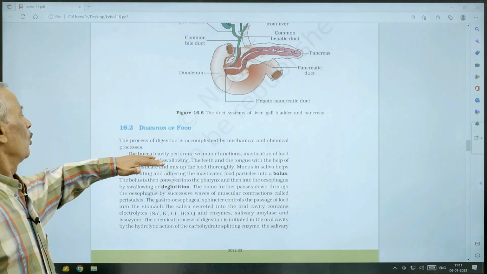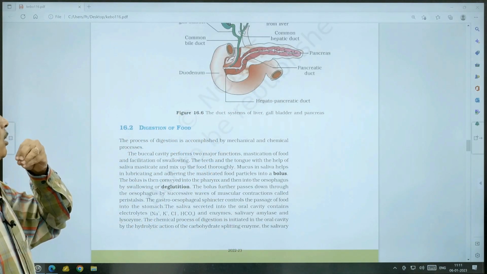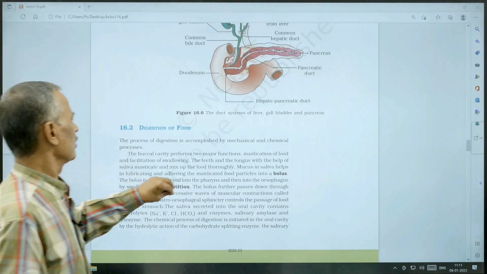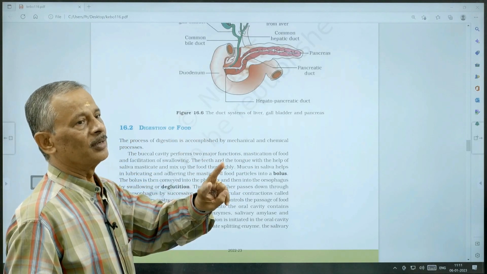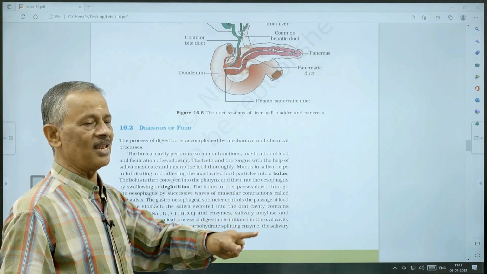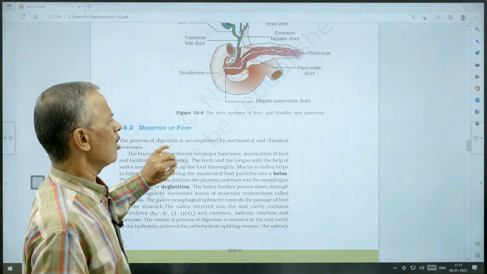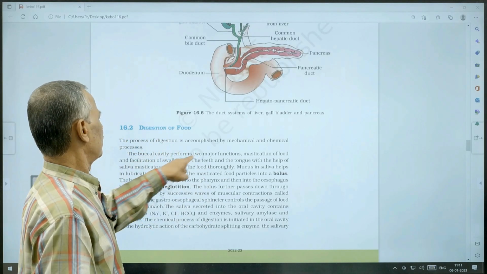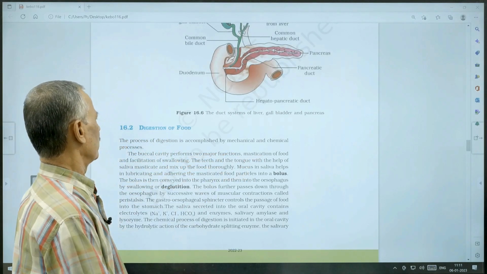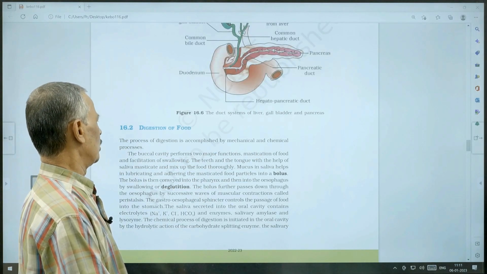So when we take food into the buccal cavity, there is both mechanical, that is physical, and chemical digestion taking place in the buccal cavity. It is called buccal digestion. It has two parts. One is mastication of the food.